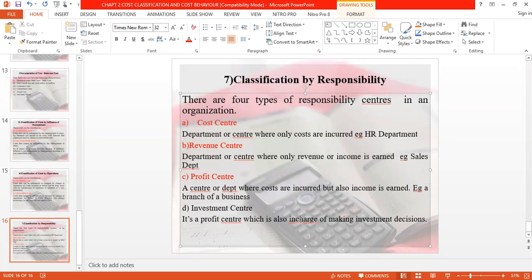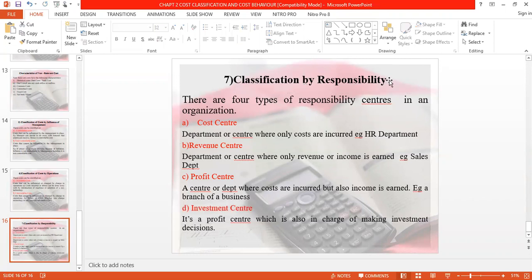So if a center is in charge of deciding where to invest in and where not to invest in, it's called an investment center. So when we look at classification by responsibility, there are 4 types of responsibility centers in an organization: cost center, revenue center, profit center, and lastly, investment center.